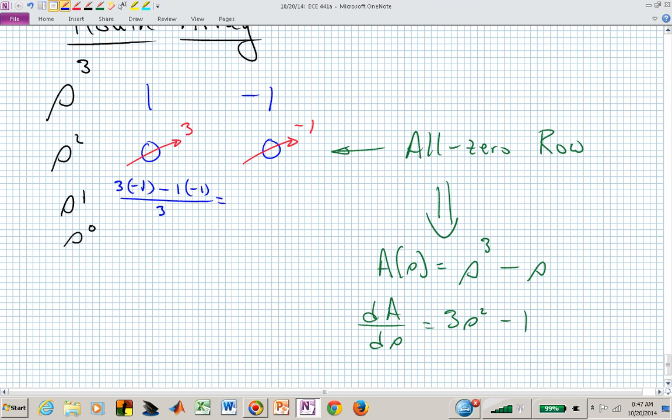Or we have -3 plus 1, or -2/3. And what's in the S0 row? You have -2/3 times -1 minus 3 times nothing divided by -2/3. We end up with -1.